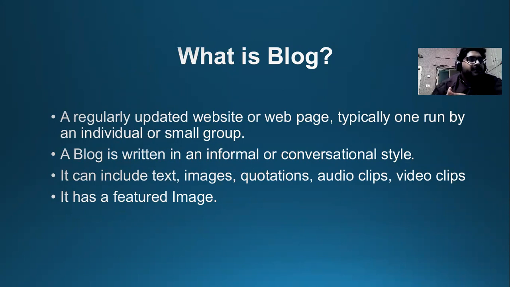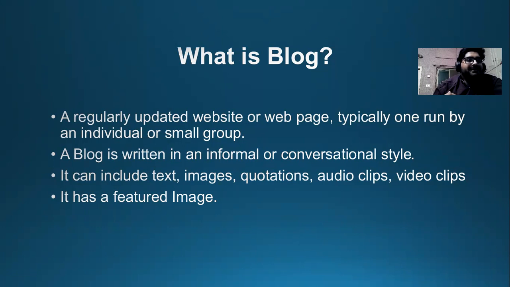A blog is written in an informal or conversational style because it is easy to read and presentable, so customers will be very interested, and they will be keen to know what we have posted today and what we will post tomorrow. So this does matter.